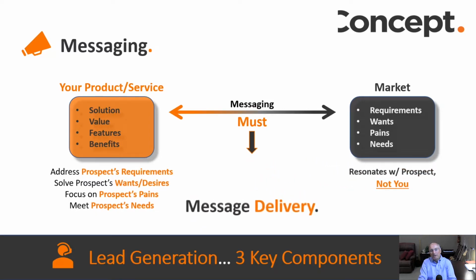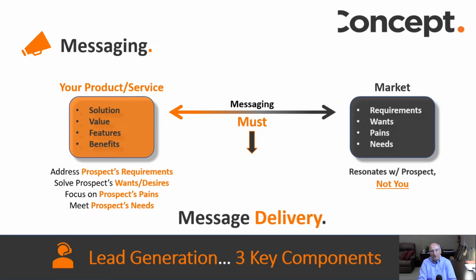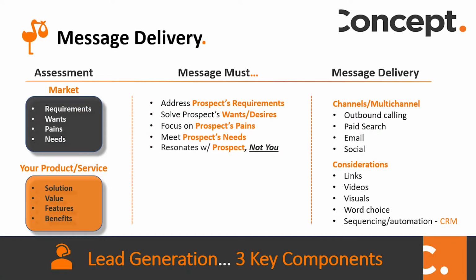And so once you get all your messaging put together and you're using words that resonate with the market, we then have to determine how am I going to deliver that message. We're comfortable at this point that we understand the market. We understand their needs, their pains, their requirements. We know where our product or our service fits in the market.